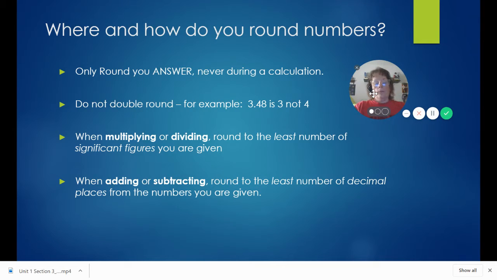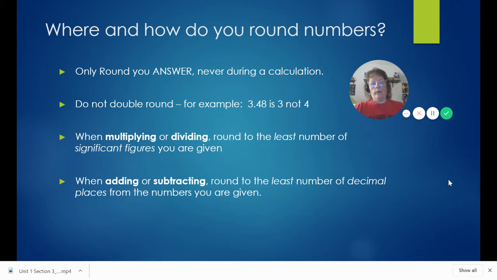All right, where and how do you round numbers? You round your answer. You never round during a calculation. I'm going to walk you through some examples on how to do that in a video as well. So let's say you're given a problem to answer, 3004 plus 0.0045, and you don't round the numbers that are in the actual problem, but when you get to your answer, that's when you round.